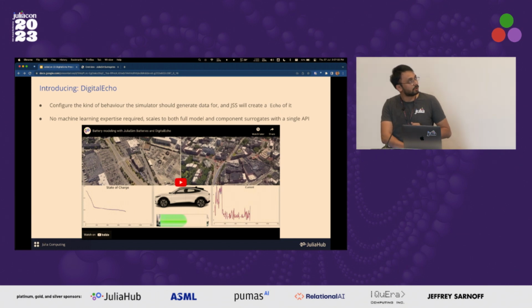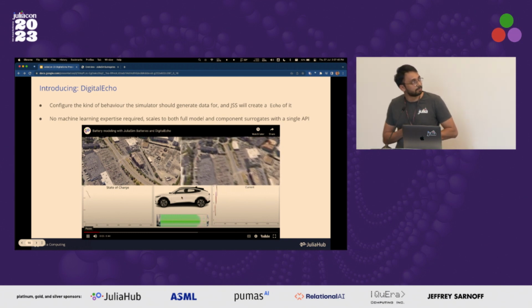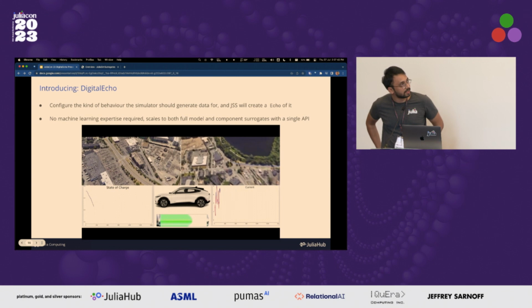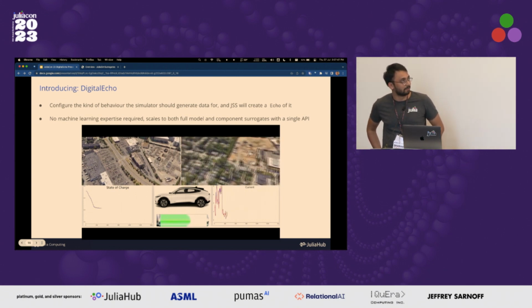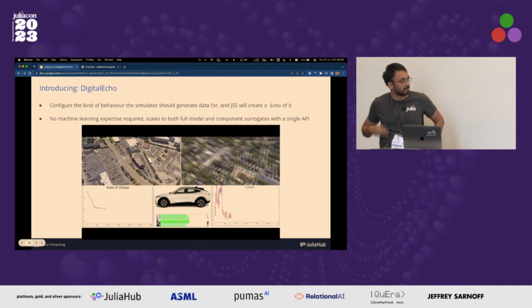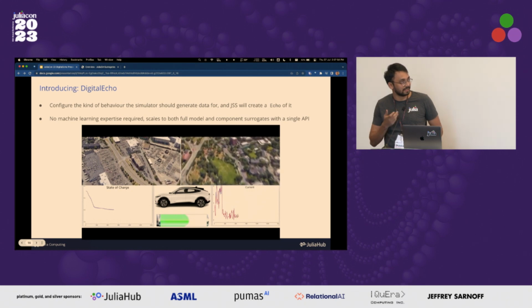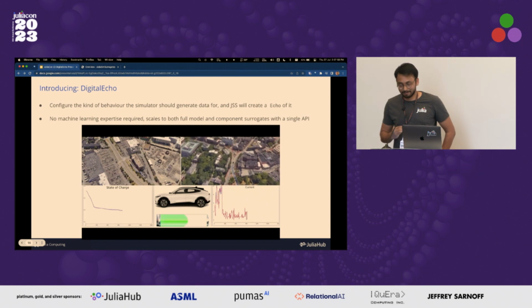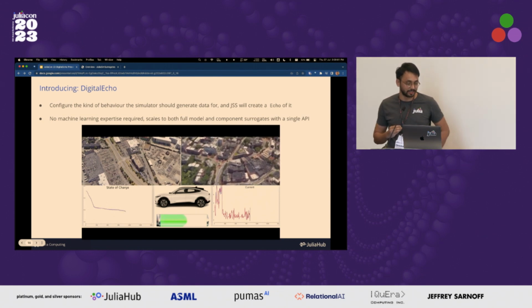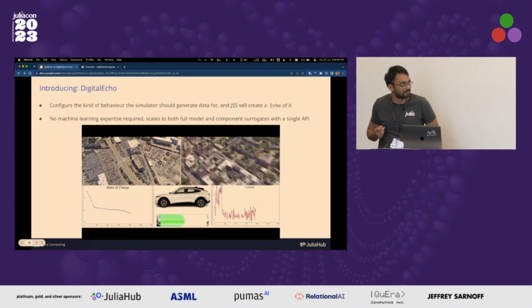Let me show you a demo, which I think was already discussed in the sponsor talk, but I'll explain it in slightly more detail. What we are trying to do here is surrogatize a pack of batteries, a pack of electrical cells, which makes a battery. As you can see here, these batteries are often used in electrical vehicles nowadays. And it's very important that you get accurate predictions of the charge cycles so that your car doesn't stop halfway, right?